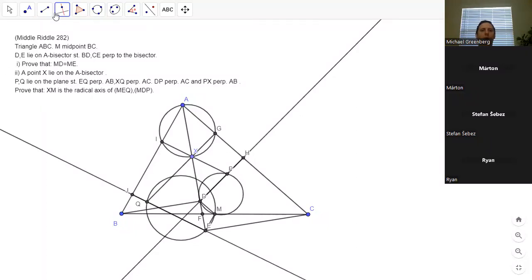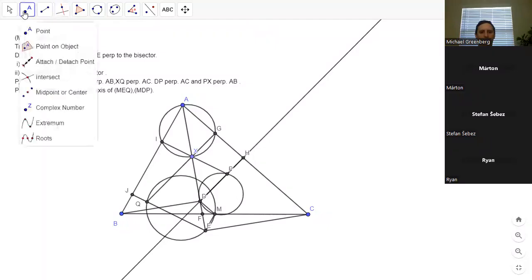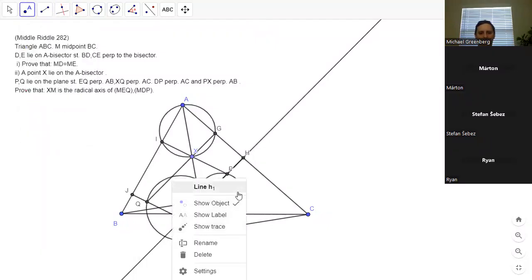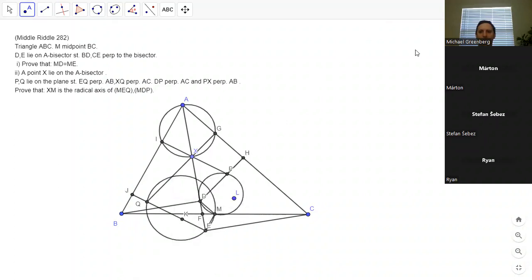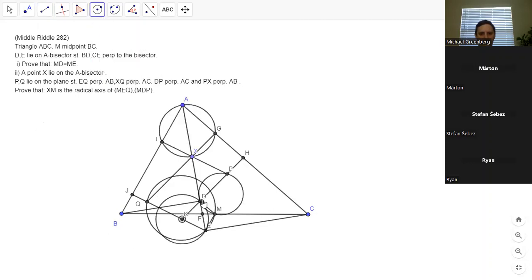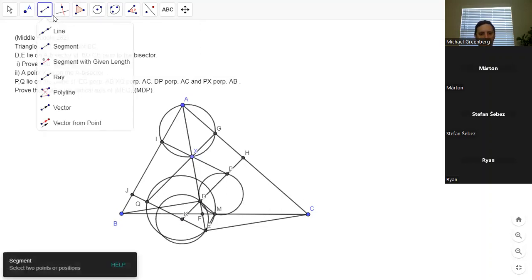Oh, okay, so the intersection of those lines would be the center of that circle. What made you think about that circle? I wonder if these concur right there.